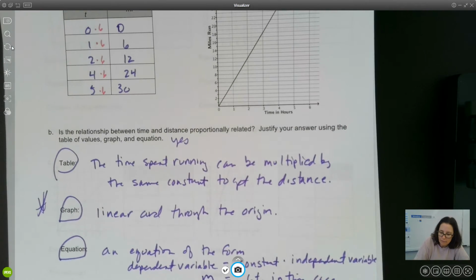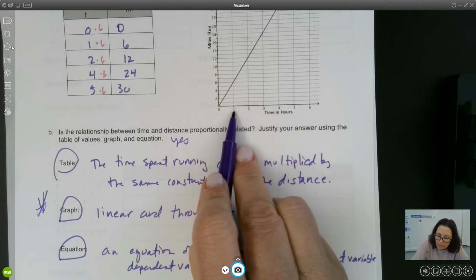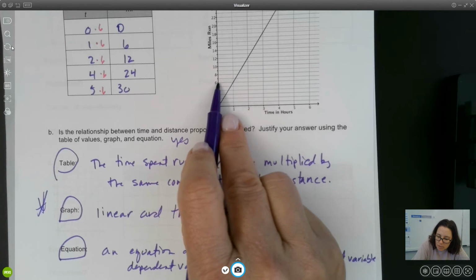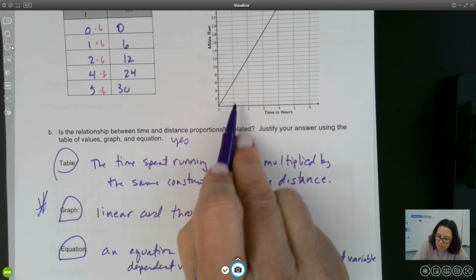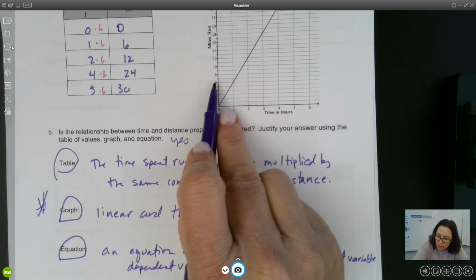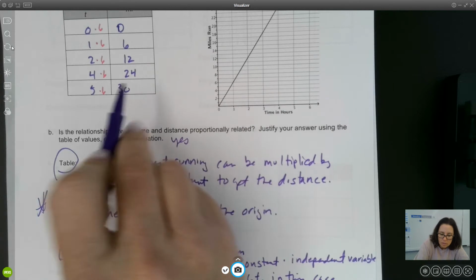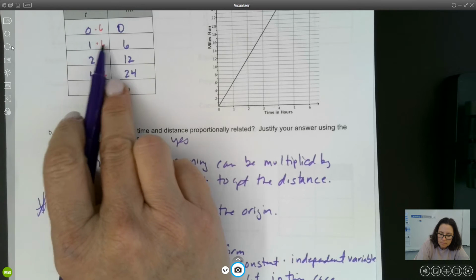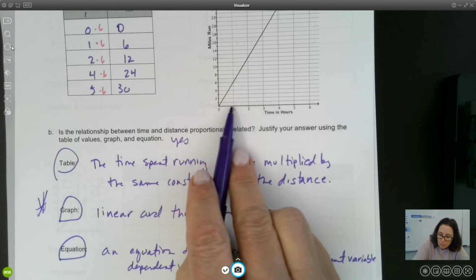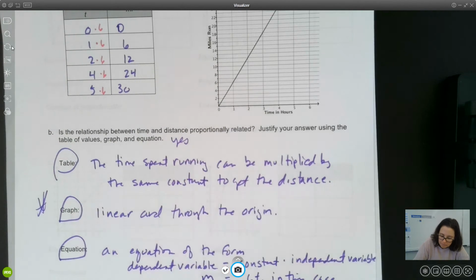So on the graph, 1 on the independent axis matches 6 on the dependent axis. This is where you see it on a graph right here. Okay, this is where you see it on a table. This is where you see it on the graph right here.